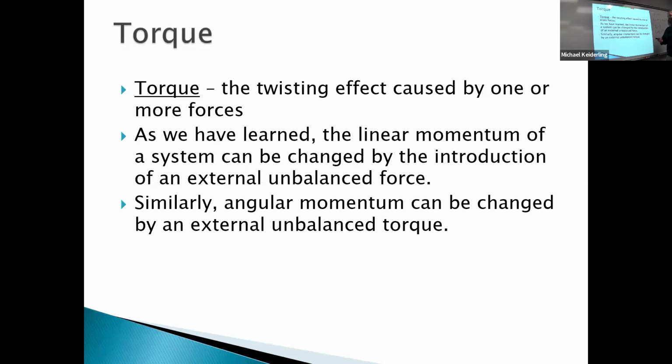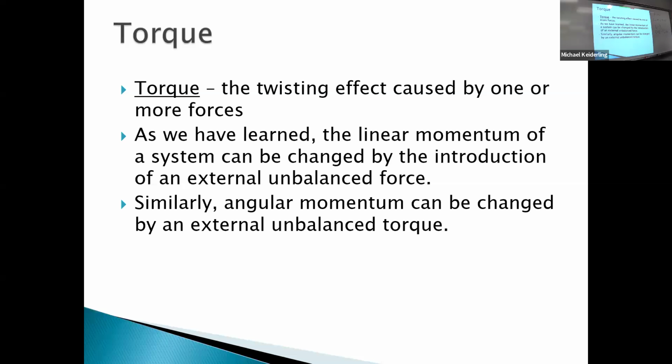The linear momentum of a system can be changed by the introduction of an external unbalanced force. It turns out, as well as linear momentum, there is something called angular momentum. You may have noticed that when something is spinning, it likes to keep spinning. The angular momentum of a system can also be changed by an external unbalanced torque.